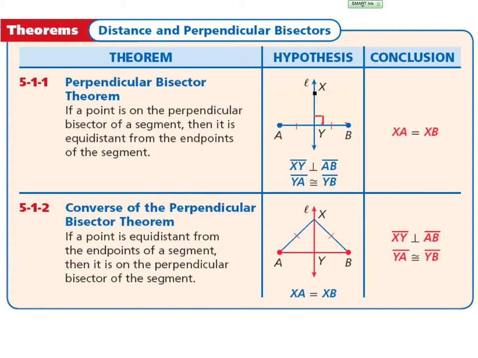So what they wrote over here tells you that segment XY is perpendicular, and with YA and YB being equal, it bisects. It might work if you just put X is on the perpendicular bisector. That might mean more than what the symbols are showing.